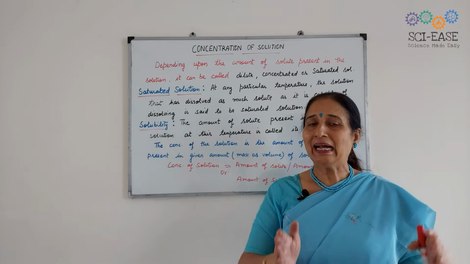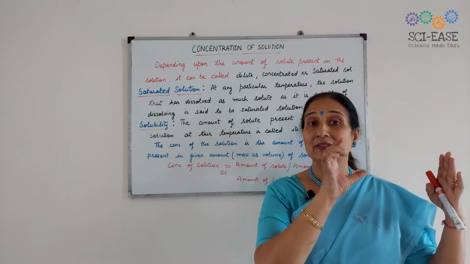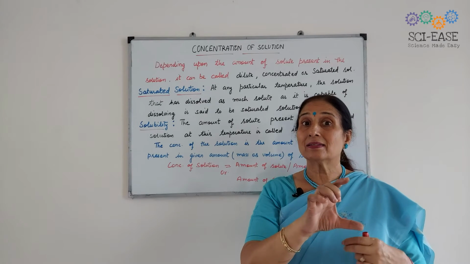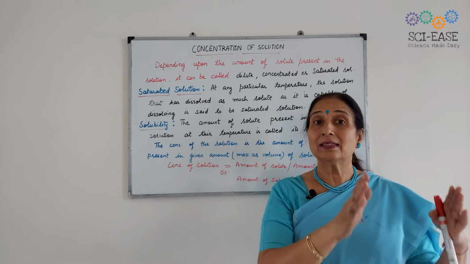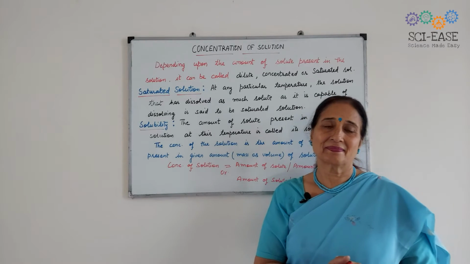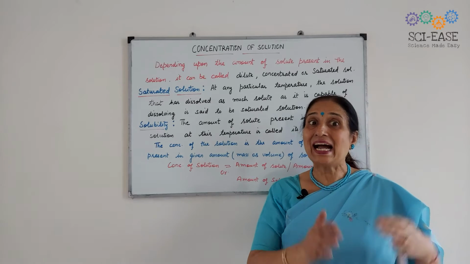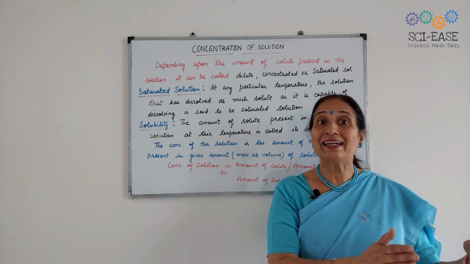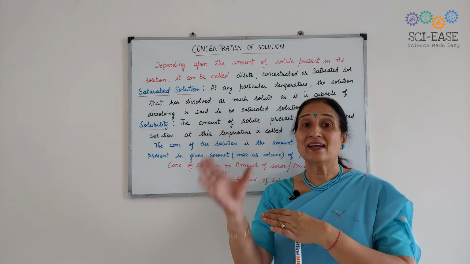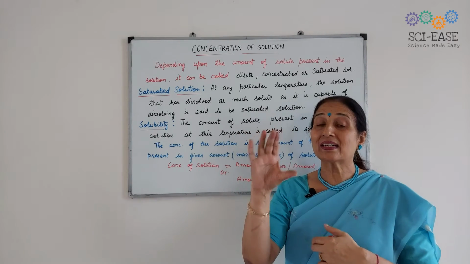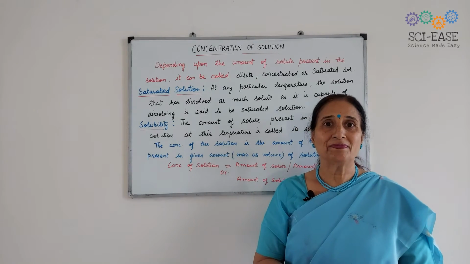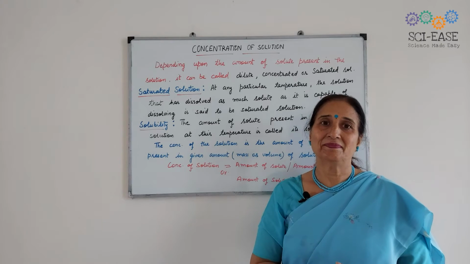I've told you that in the first beaker, the color of copper sulfate is lighter. This means that the solution is dilute. But in the second case, the intensity of the color is more. The color is darker.